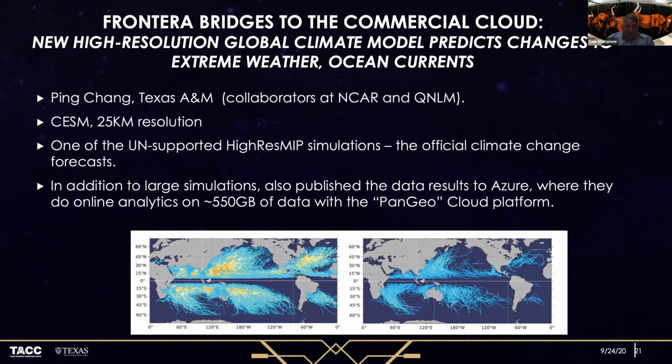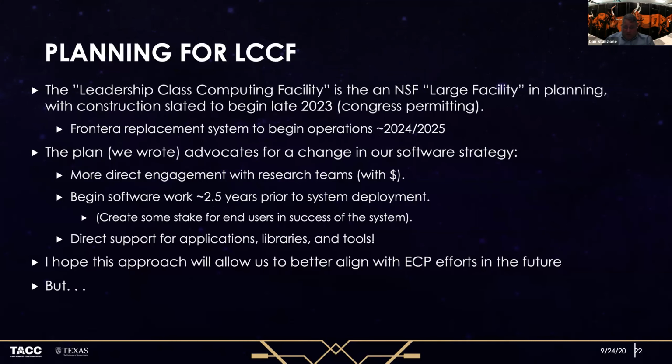With my last couple of minutes here, I want to talk about what we hope to do tomorrow. At the moment, Frontera is what it is. It's been pretty successful, but like all systems, by the time you finish deploying them, you're thinking about the next one. And so the NSF has engaged us in a planning process for the next facility, what they're calling the Leadership Class Computing Facility.